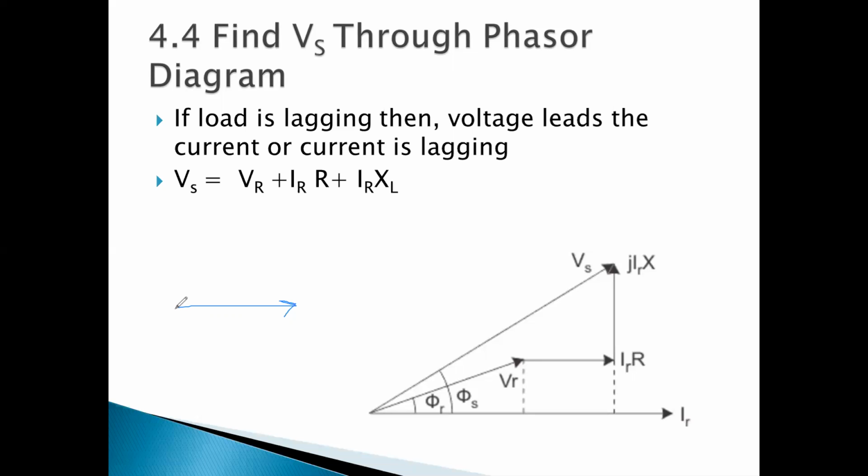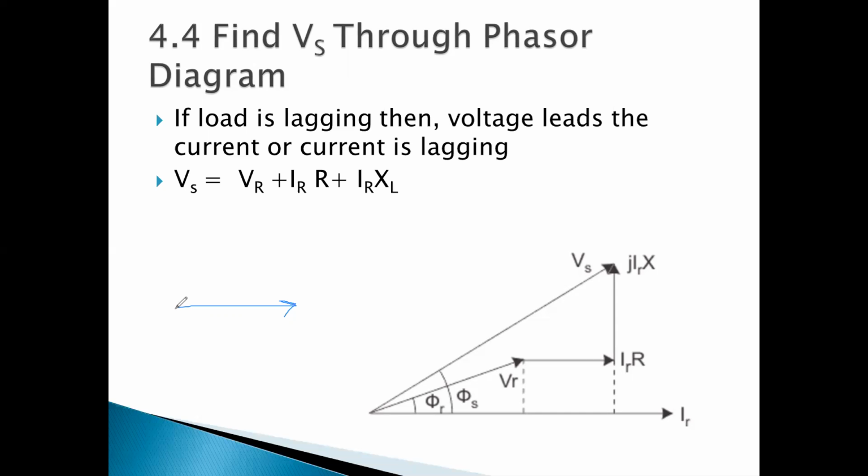Lagging load means inductive loads. The short transmission lines don't have any capacitors, so even in open circuit it will act as lagging, meaning an inductive load. If the load in the system is an inductor, the voltage and current will make some angle. Even if the load is a capacitor, they will also make some angle.